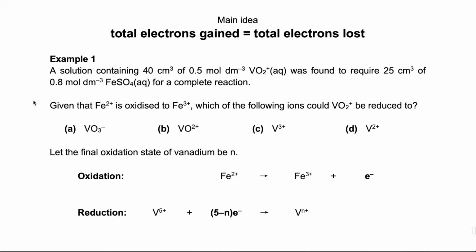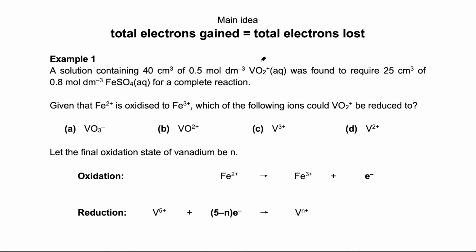In example 1, a solution containing 40 cm³ of 0.5 mol per dm³ VO2 plus ion was found to require 25 cm³ of 0.8 mol per dm³ iron 2 sulfate for complete reaction. Given that iron 2 plus is oxidized to iron 3 plus, which of the following ions could VO2 plus be reduced to?